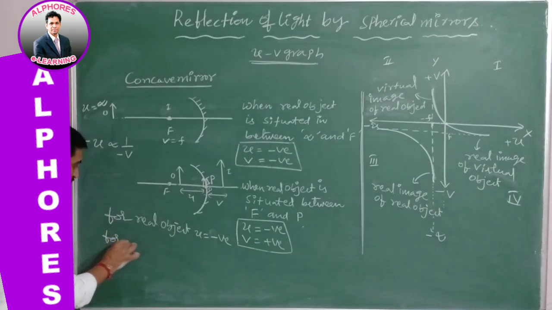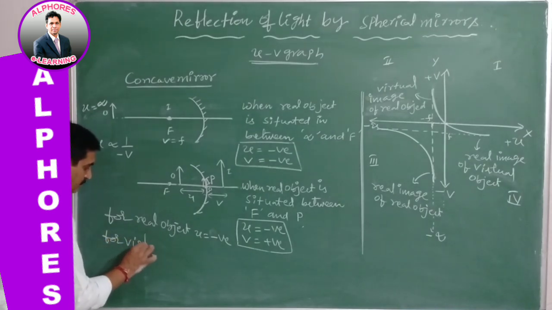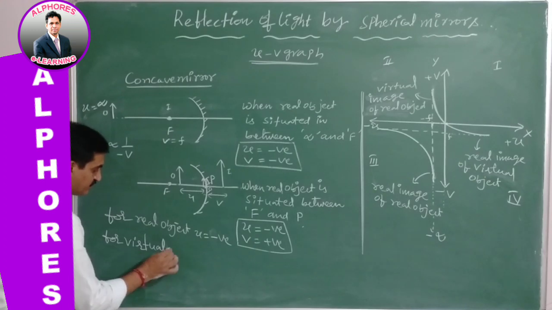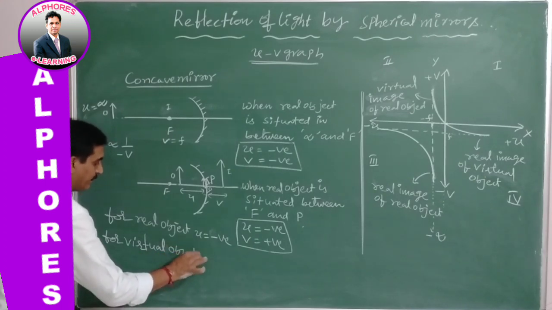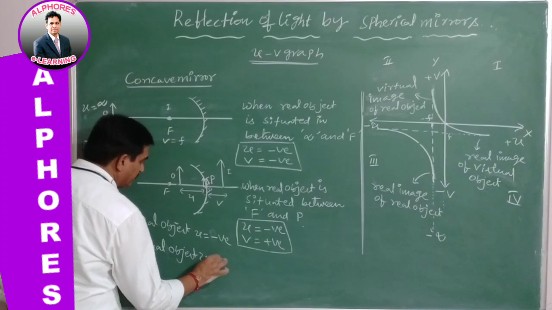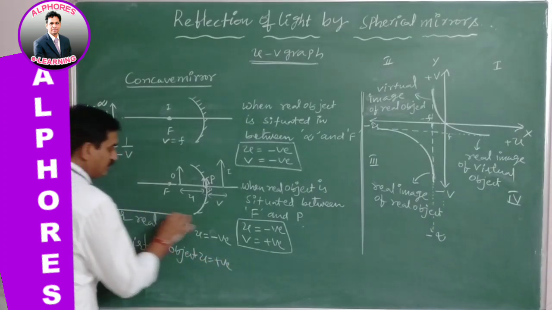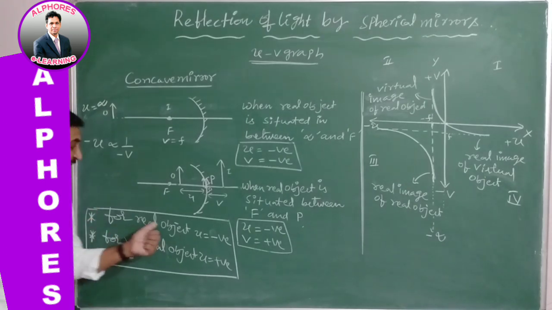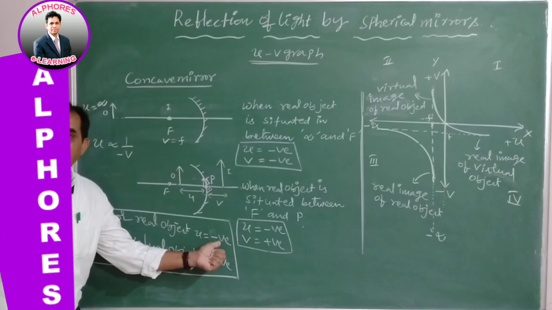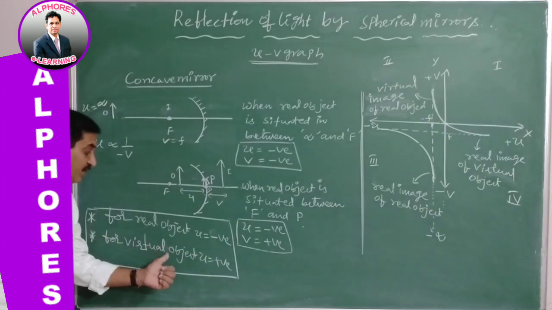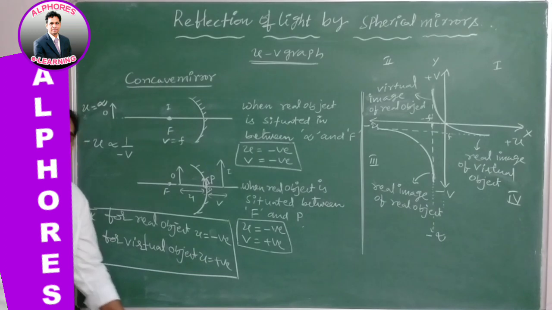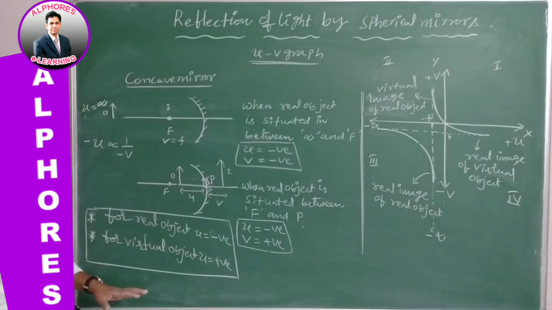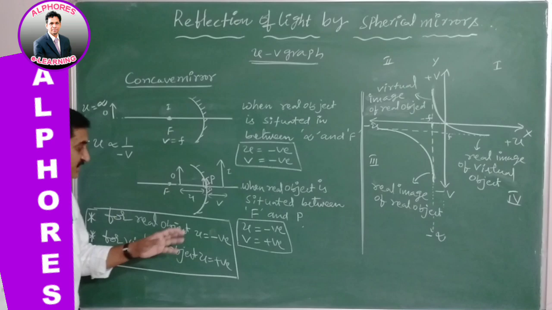For a virtual object, u is positive. These two points are very, very important, so keep a star mark. For real object, u is always negative. For virtual object, u is always positive.